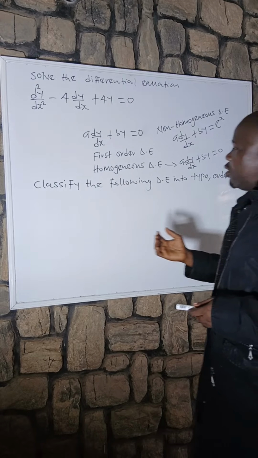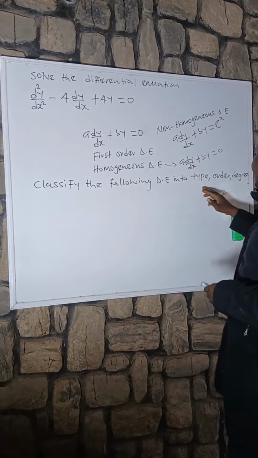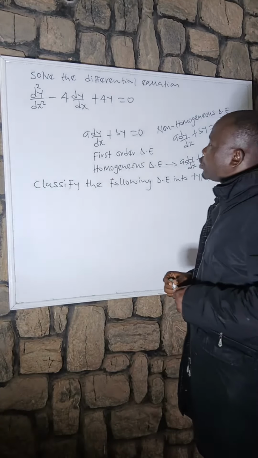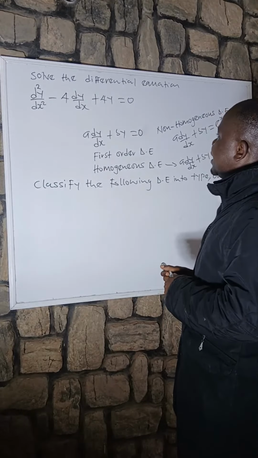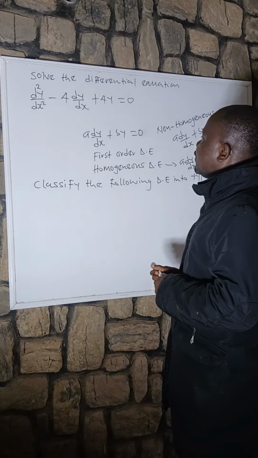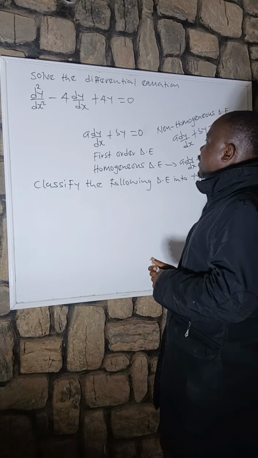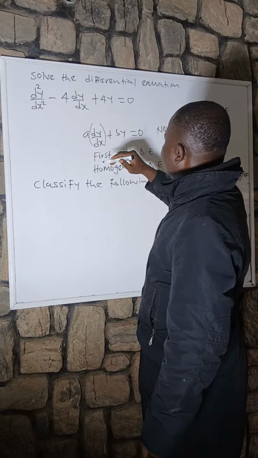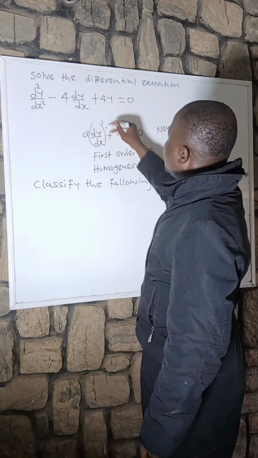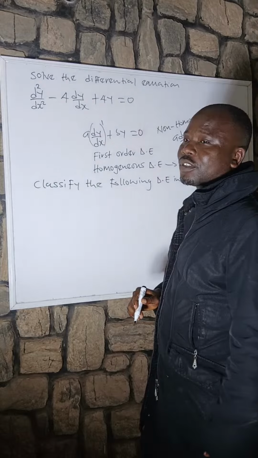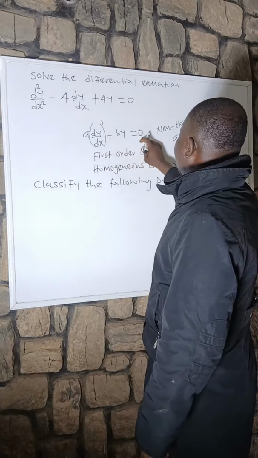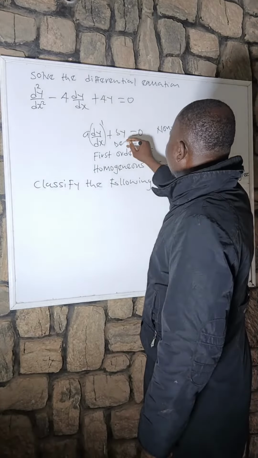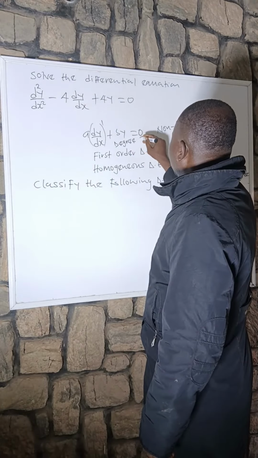So now, assuming you are to classify the following DE into type, order, and degree. When we say degree, if you circle this, you can now see that it is raised to power what? 1. True or false? So the degree of this differential equation is degree 1. Take note.